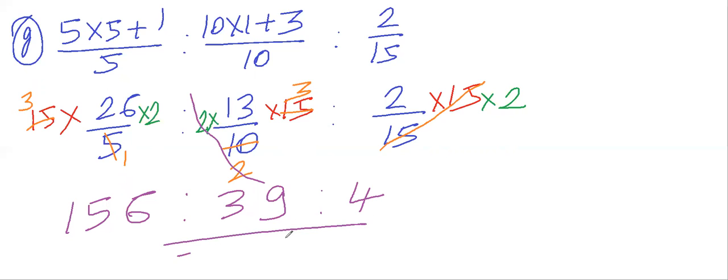So the simplest form is 156 is to 39 is to 4. Understood or not? Simple, yes or not? Correct. So it is not difficult actually, it is very easy. Fine. Do you want me to solve any other question? No, sir.